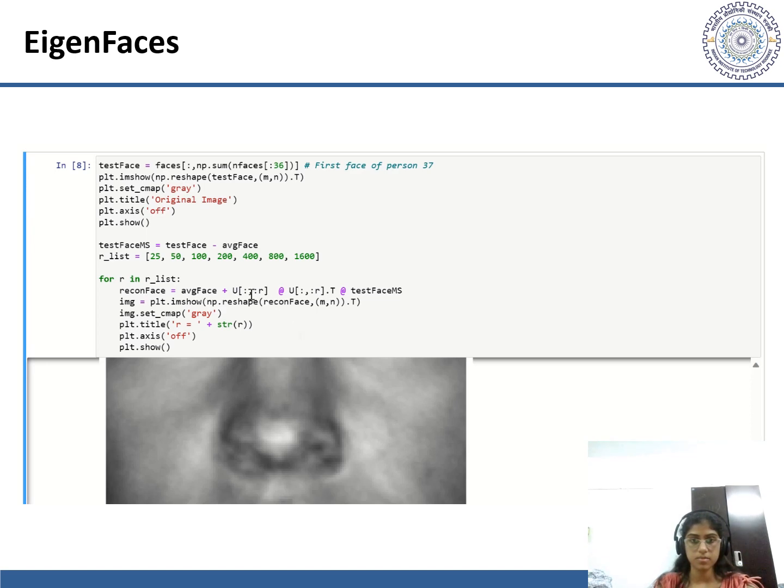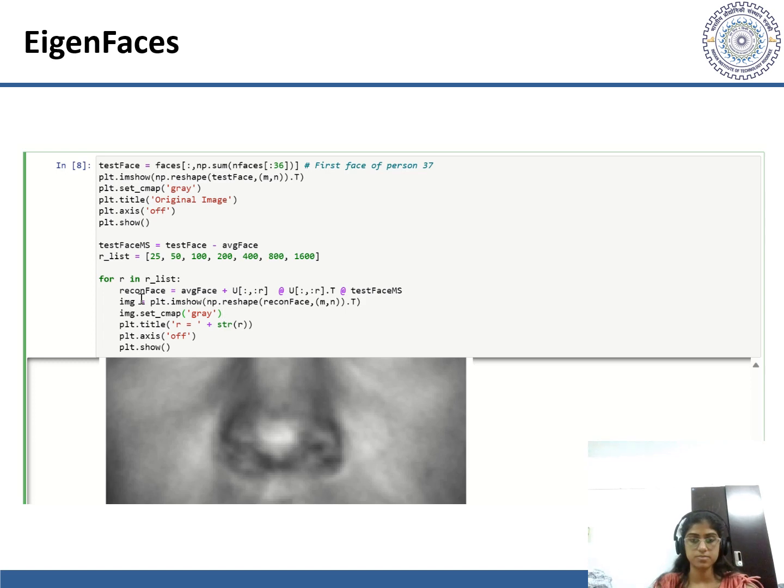Here r is the rank of this matrix. In the recognition phase, I would add the mean face which I subtracted, then multiply the transformed face and U transpose. I would take the first r largest eigenvectors or eigenvalues, then form the face from that, which is the prediction of the 37th face from the eigenvalues of the weight matrix formed from the first 36 faces.